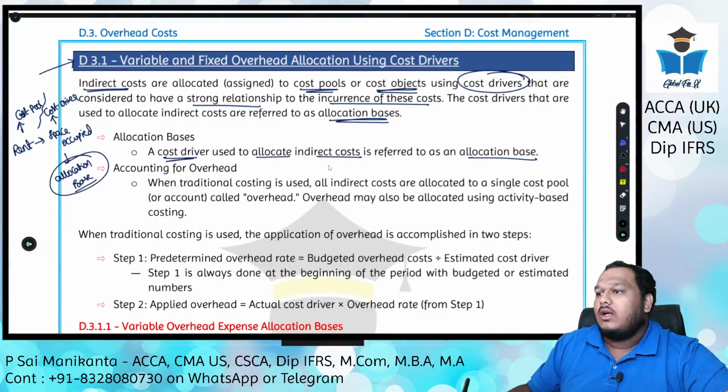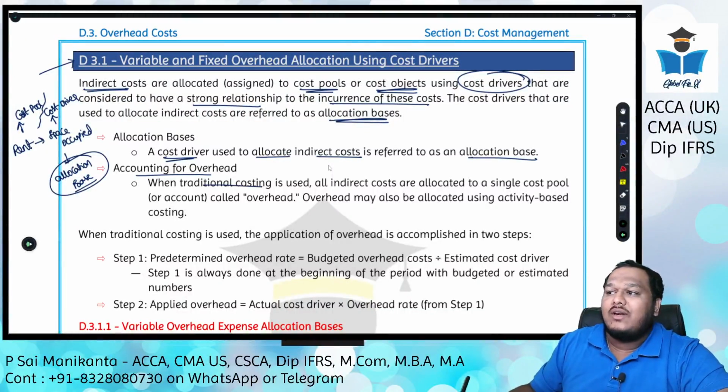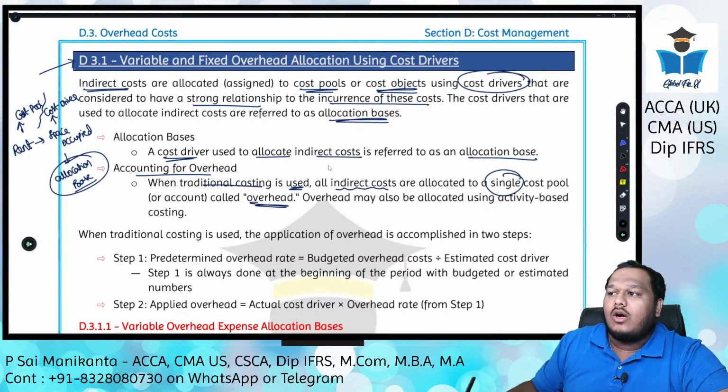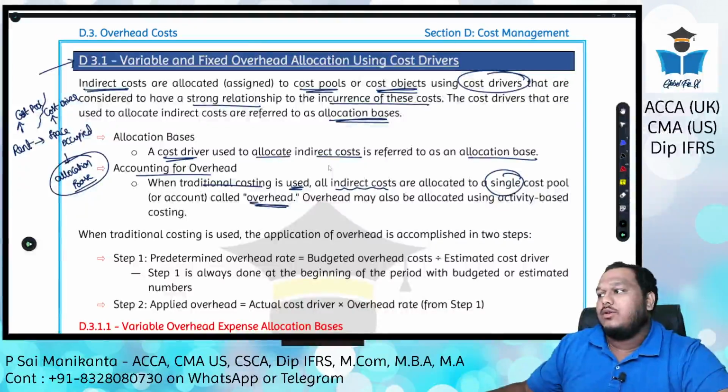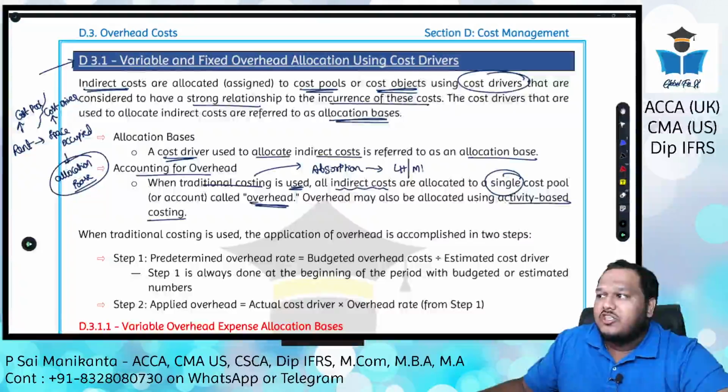Now, accounting for overheads. How are overheads accounted? When traditional costing is used, all indirect costs are allocated to a single cost pool called an overhead. Overheads may be accounted using ABC also. In the case of traditional costing, traditional means absorption. We'll use labor hours, machine hours, or number of units.